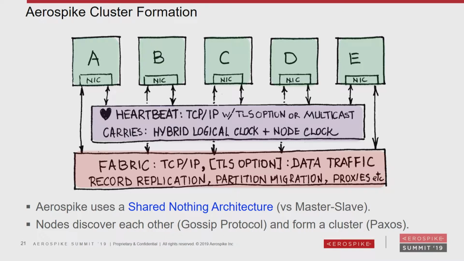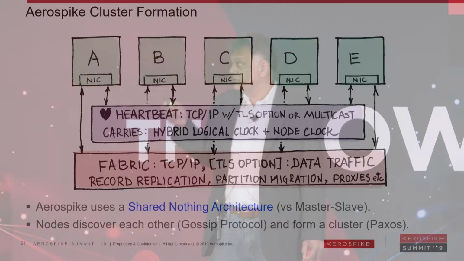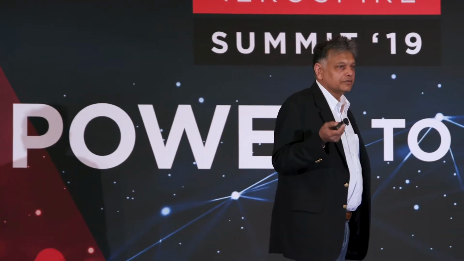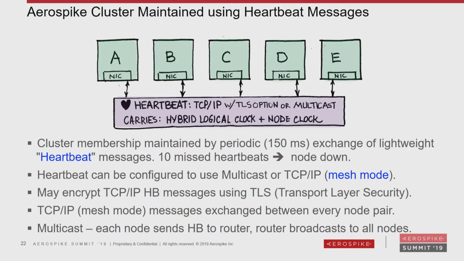Once the cluster is formed, you're up and running, and the only function heartbeat has is to make sure that all nodes are still part of the cluster. It does that by sending a very lightweight signal every 150 milliseconds. And a timeout count of 10 missed heartbeats indicates that a node is down.